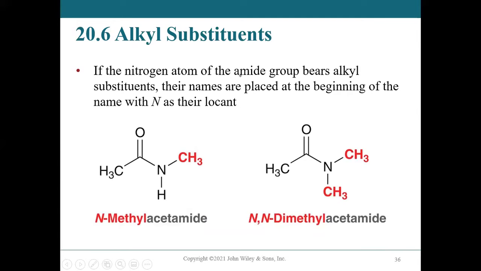If the nitrogen atom of the amide group bears alkyl substituents, their names are placed at the beginning of the name with N as the locant. So here is the methyl on this nitrogen in this amide. The name is N-methyl acetamide, and with two methyls, N,N-dimethyl acetamide.